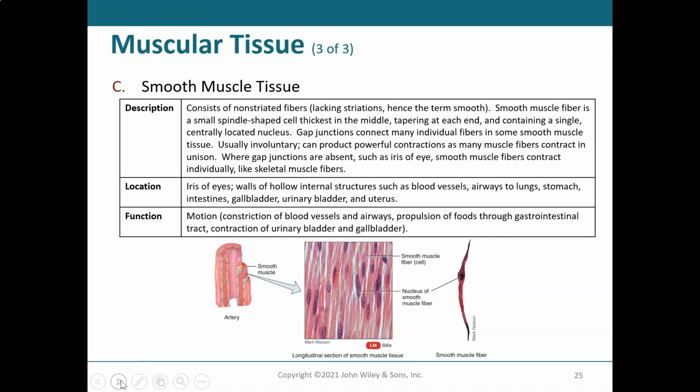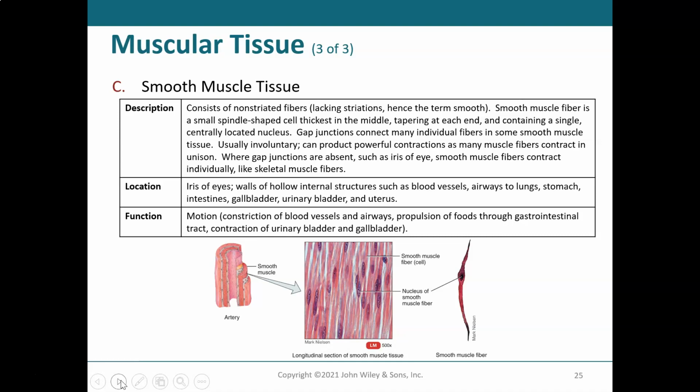Next up, we have smooth muscle tissue. So as you can see in the image at the bottom part of this slide, it surrounds blood vessels. It is non-striated, hence that's why it's referred to as smooth. The gap junctions themselves contain many individual fibers.